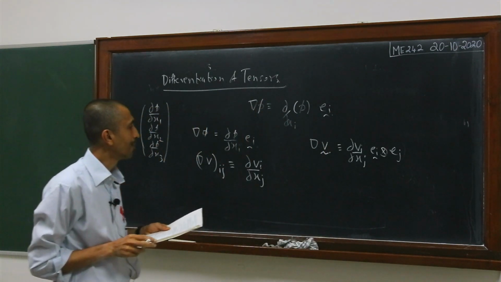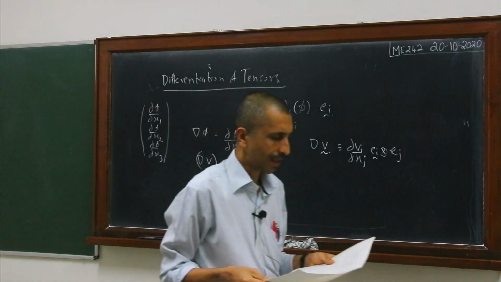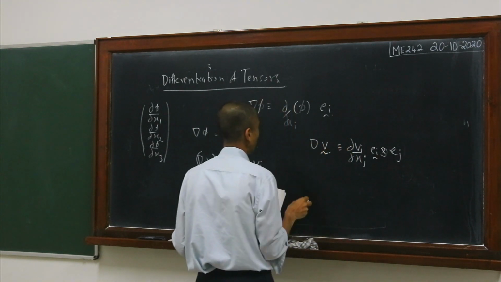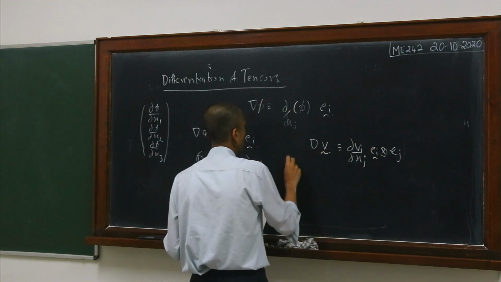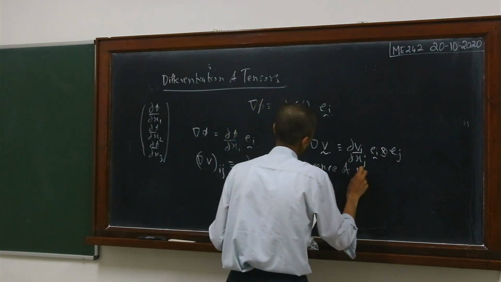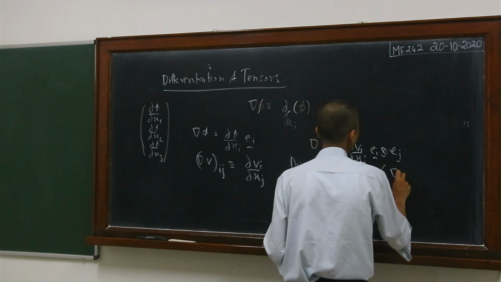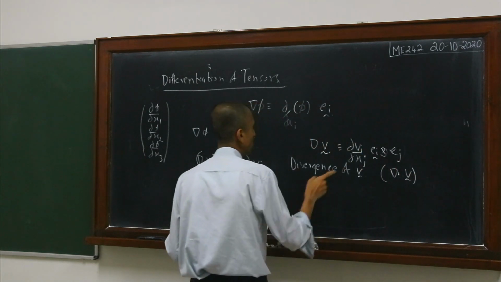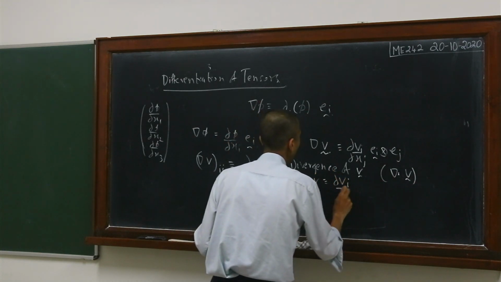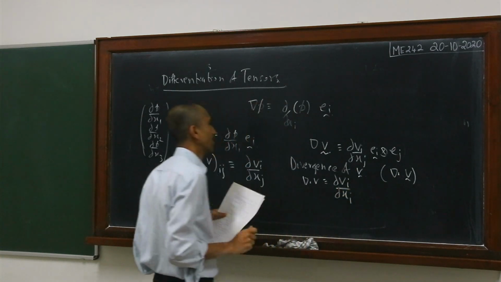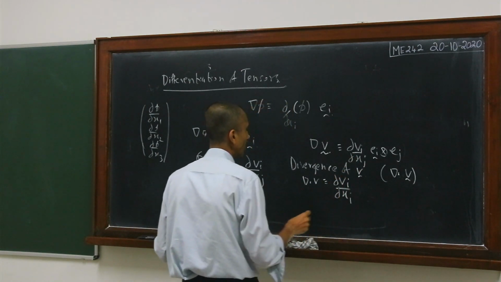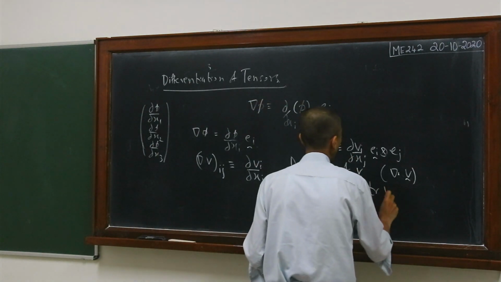Using this definition of the gradient of a vector, I will define the divergence of a vector, which is simply the trace of this del of v. We will denote this as del dot v. So del dot v is nothing but del vi by del xi, which is the trace of del of v.